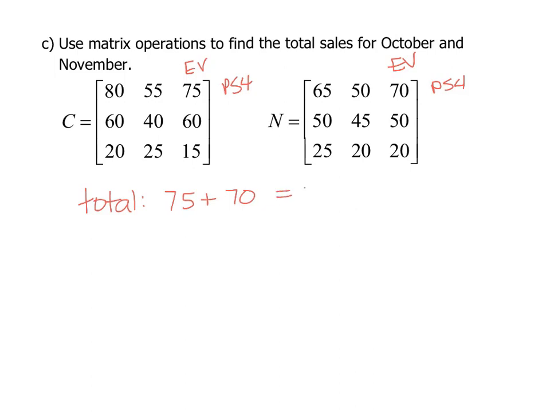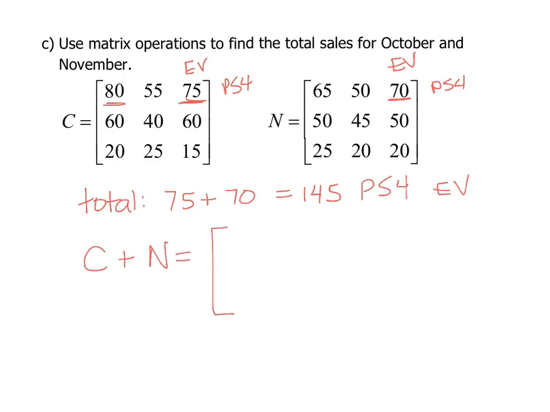So our total sales of PS4s at Everett would be 145. What we did there was add this element and this element. So in order to find the total sales overall, we could take matrix C and add matrix N.